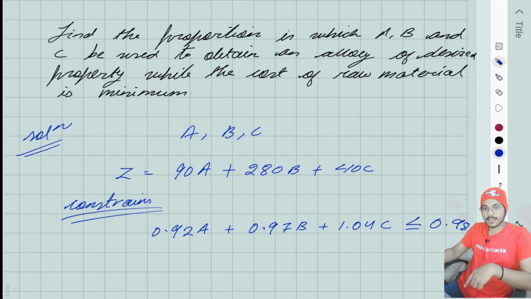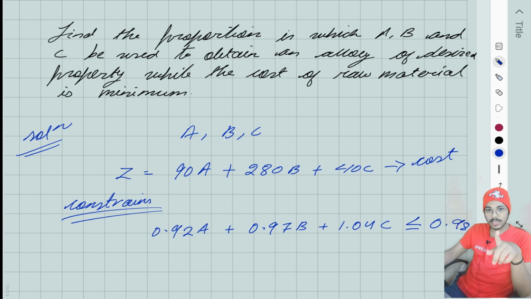So we have the constraints here. Okay, so what is the Z? So here we need to minimize Z, because this is the cost that we are spending on producing an alloy. So the cost should be minimum. So Z is the cost that is used to produce an alloy.